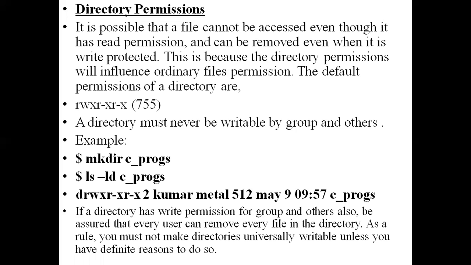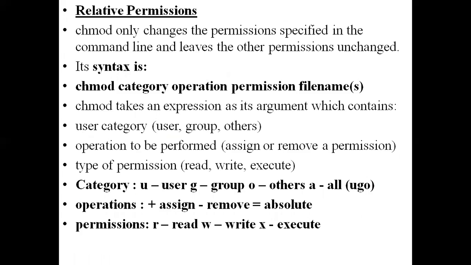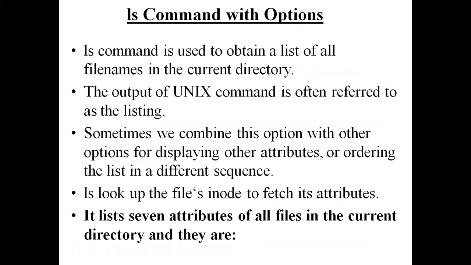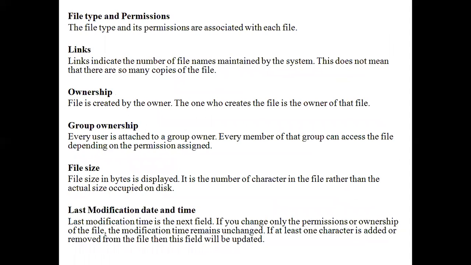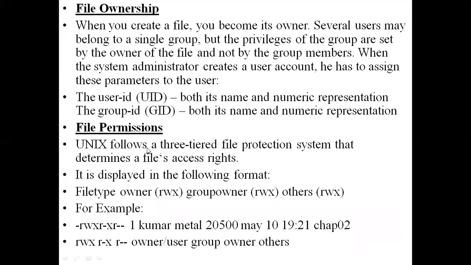So these are all the things you need to remember with respect to file attributes and permission. This presentation was covered in 3 classes. In our first class we saw how the ls command works, how it can be used to list the files present in the current working directory, how we can list the attributes of all the files in the present working directory with the help of the -l option, and how we can list the attributes of directories with the help of the -ld option.